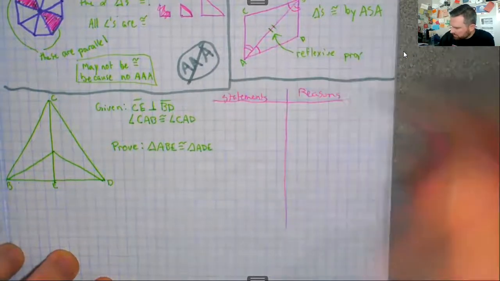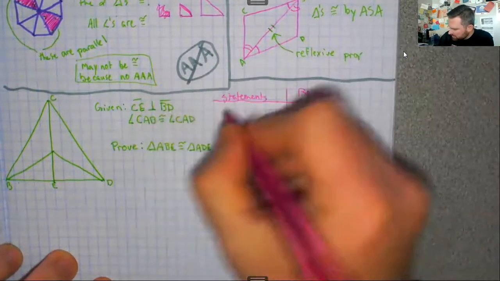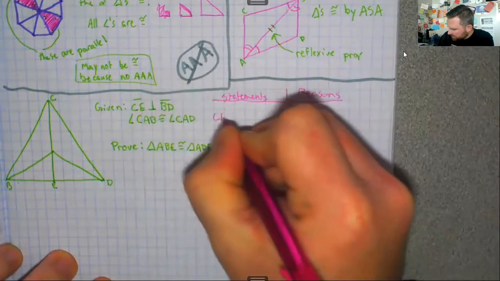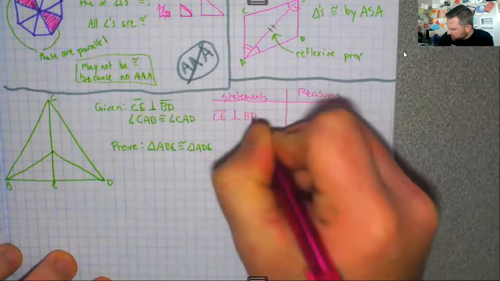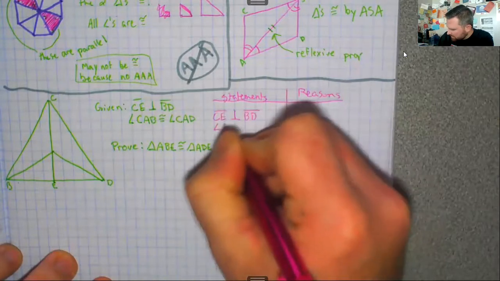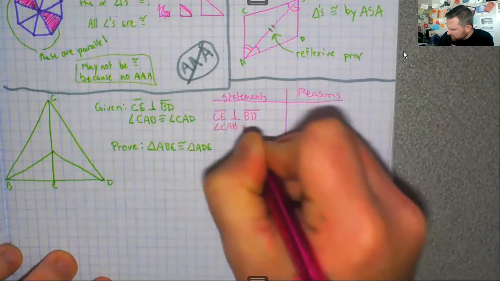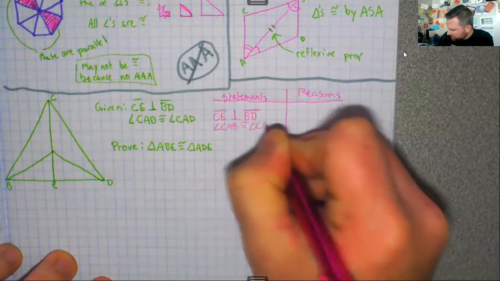Okay, we'll start with copying this given information down. So CE is perpendicular to BD, and angle CAB is congruent to angle CAD.